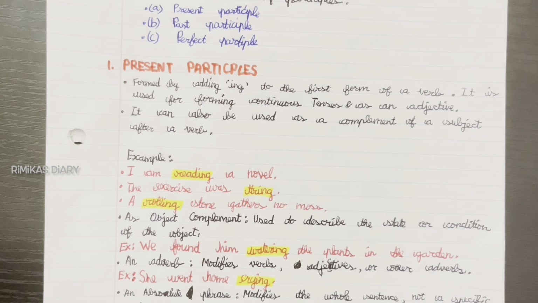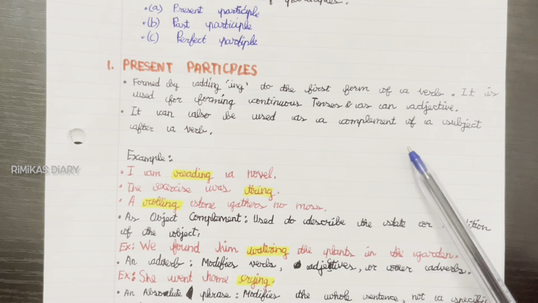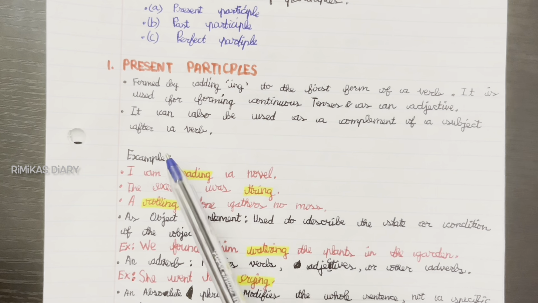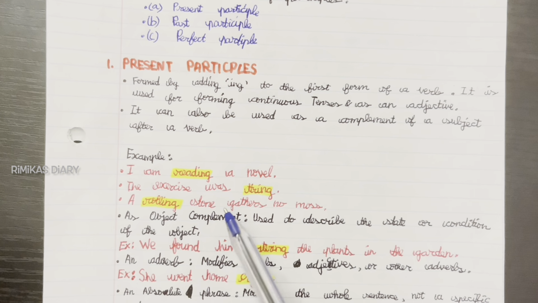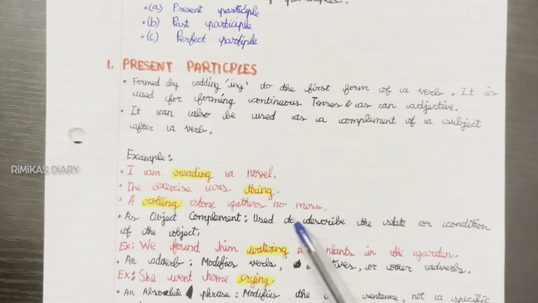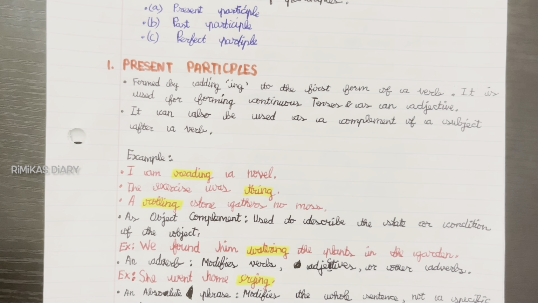Next, it can also be used as a complement of a subject after a verb. Example, I am reading a novel. The exercise was tiring. A rolling stone gathers no moss.